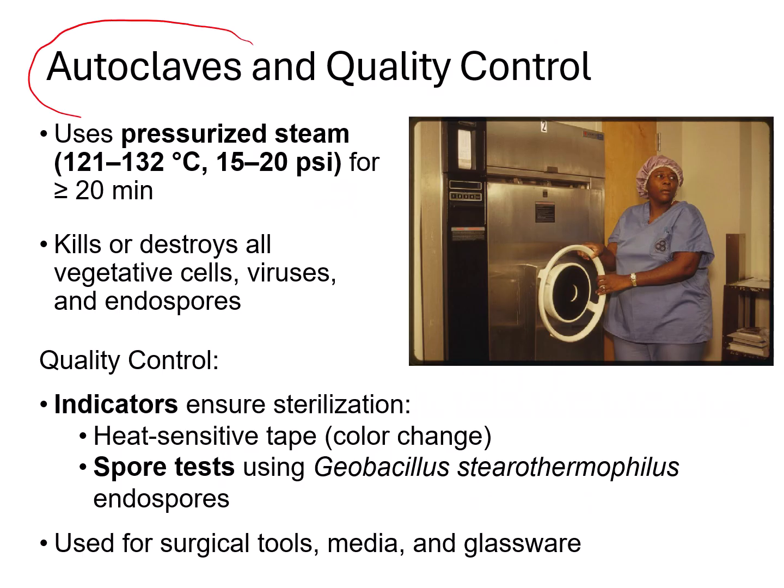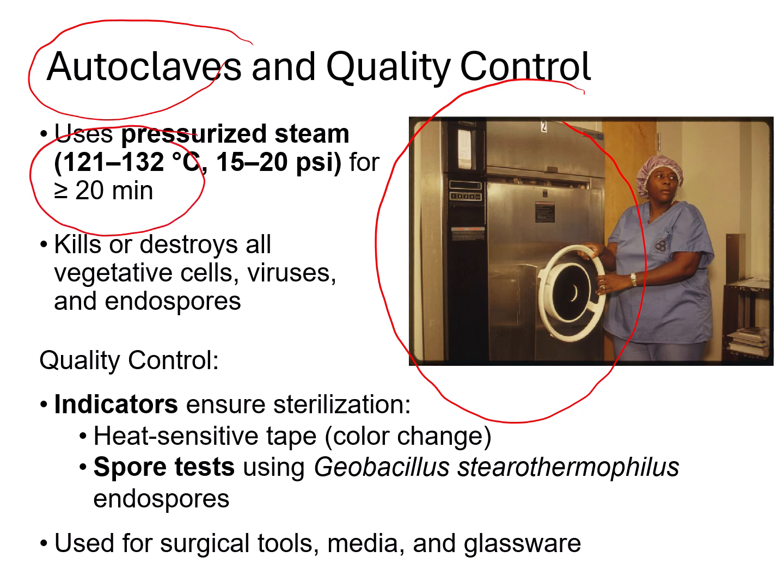The autoclave, like the one shown here, is the gold standard for sterilization in healthcare and microbiology labs, and it uses pressurized steam at temperatures between 121 to 132 degrees Celsius at very high pressures, so 15 to 20 psi, and this is for at least 20 minutes.